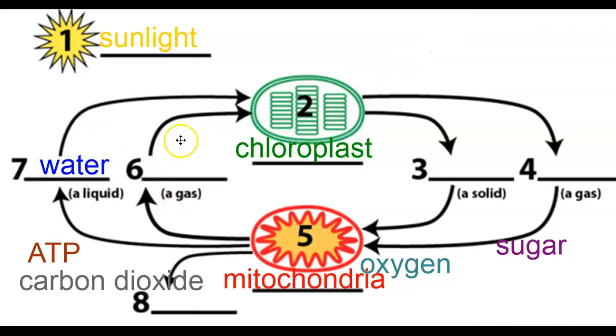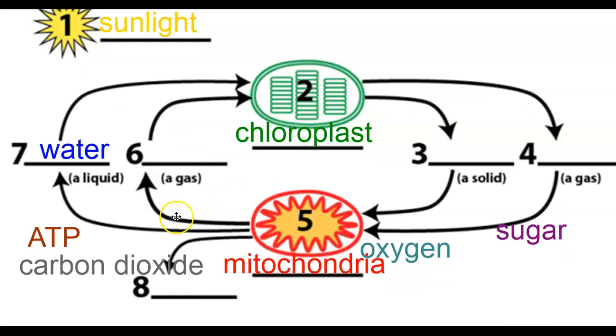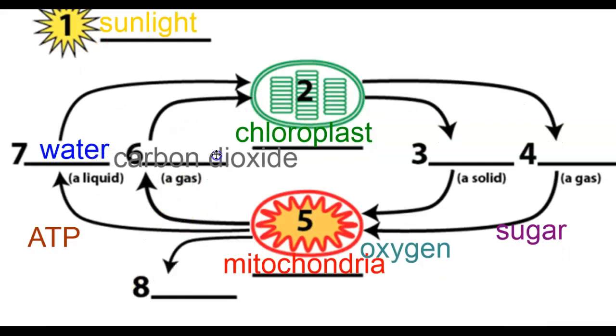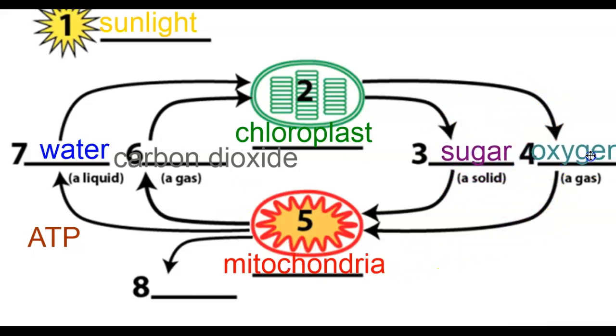That's a requirement. A gas goes in. That's carbon dioxide gas into the chloroplast. And what does it make? Well, it makes two things here. One's a solid, one's a gas. This is going to help you figure this out. Well, the solid is the sugar, and the gas it produces is oxygen. Oxygen just is released out through the leaves. The sugar is in the plant cells, okay?